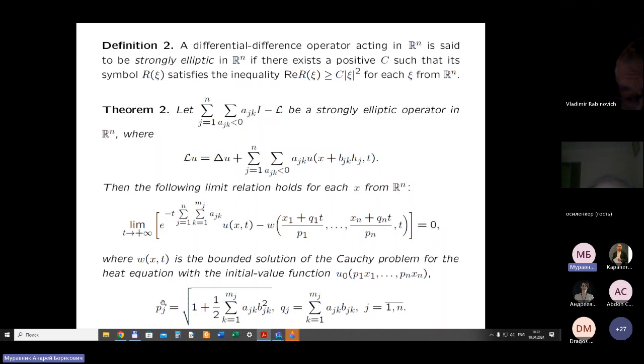This limit tends to infinity, where the function w of x,t is the bounded solution of the Cauchy problem for the heat equation with this initial value function. And the constants p_1, etc., p_n, and q_1, etc., q_n, occurring in this assertion, are defined as follows.